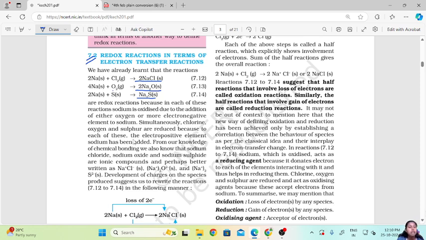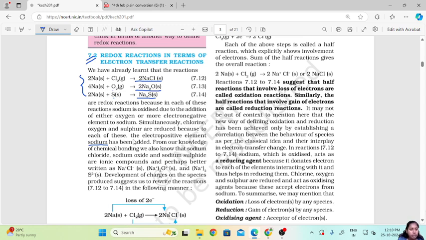Now these three are redox reactions. Why are they redox reactions? Here chlorine, oxygen and sulfur, all these three are reduced. Why are they reduced? They are reduced because there is an addition of electropositive element to them, that is sodium. Since sodium is electropositive and it is added to all three, they are said to be reduced.